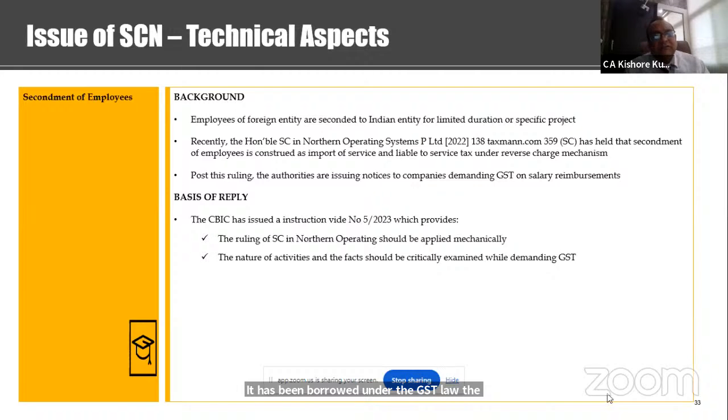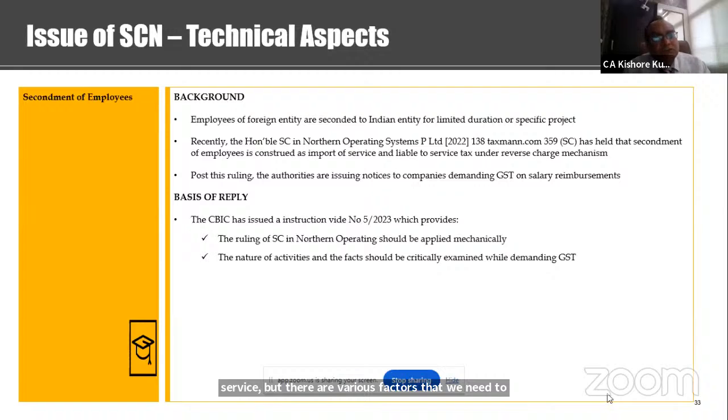And we have seen after this ruling, there are a flurry of notices coming left, right, and center to all the companies. Friends, what you need to look at is this ruling cannot be applied blindly. While it has categorically said that secondment of employees is construed as import of service, there are various factors that we need to look at.